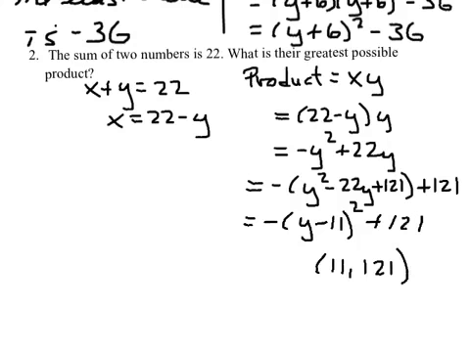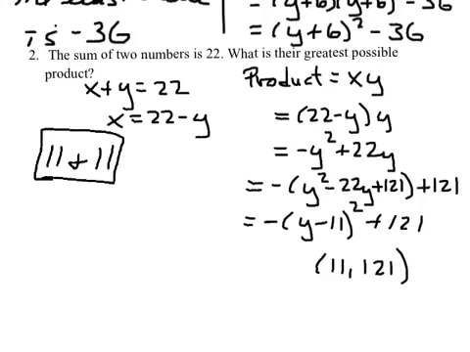So, what are my values here? Well, let's see. The 121, this right here is my extreme value, and 11 is my first number. So up here it says x plus y equals 22. So if one of my values is 11, then my other value is also 11. So those are my two numbers.